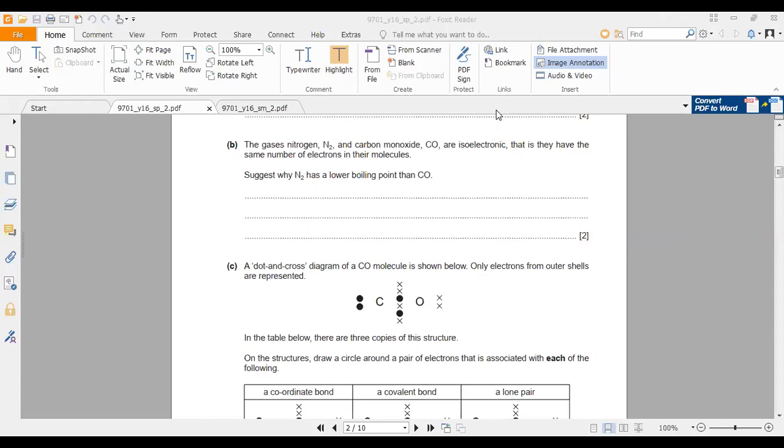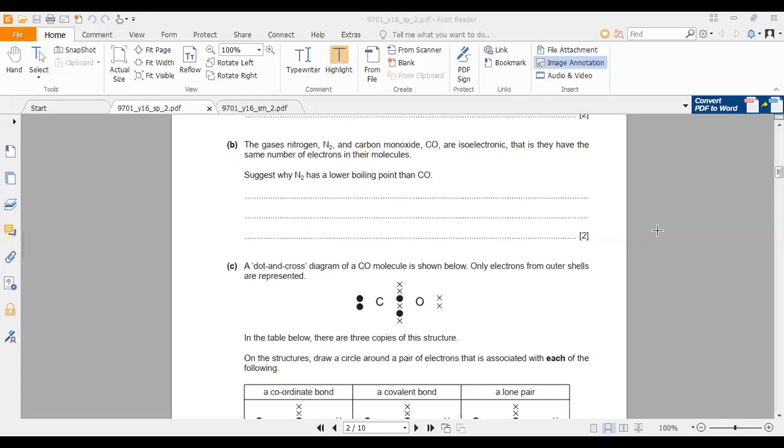So not the triple bond. For boiling point, we'll talk about the polarity. Carbon monoxide is a polar molecule, whereas nitrogen is a non-polar molecule.